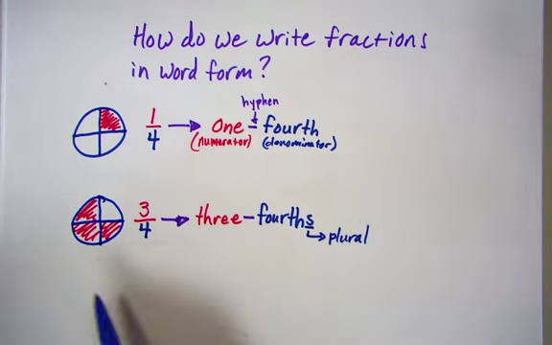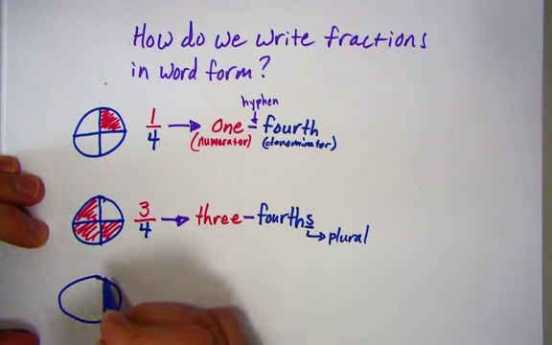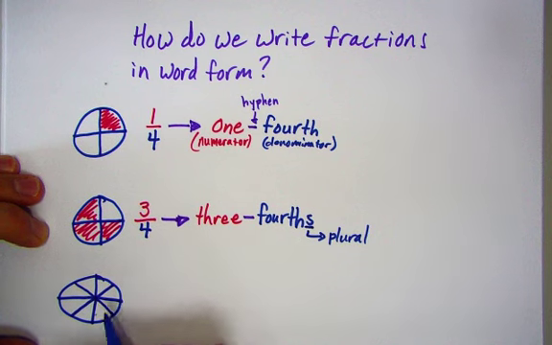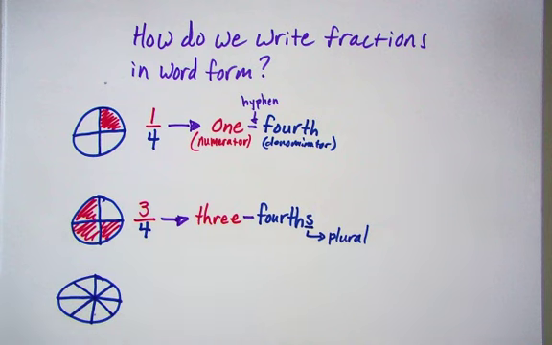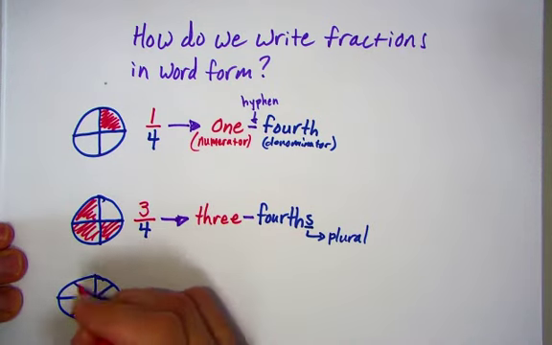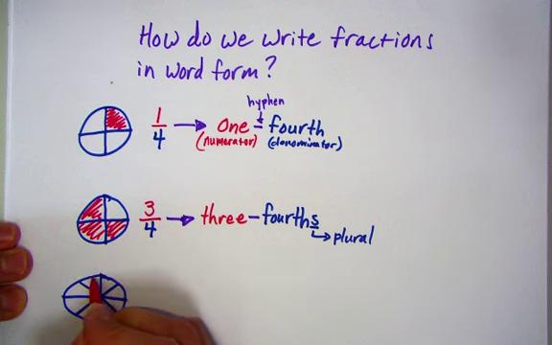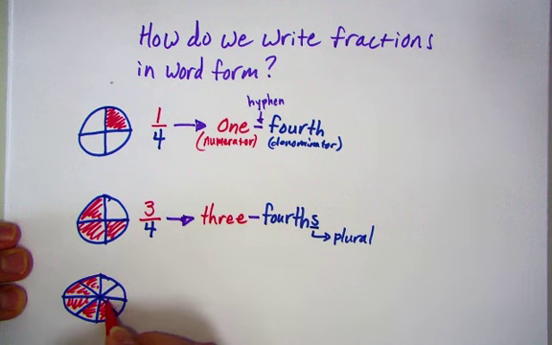Okay, let's go ahead and take another example. Let's do 6/8. Look at that cookie. Beautiful cookie. Not totally equal, but when we're dealing with fractions, we should have equal parts. Just Mr. Manley's not very good at drawing circles. So let's go ahead and color in 6 equal parts here. 1, 2, 3, 4, 5, 6.